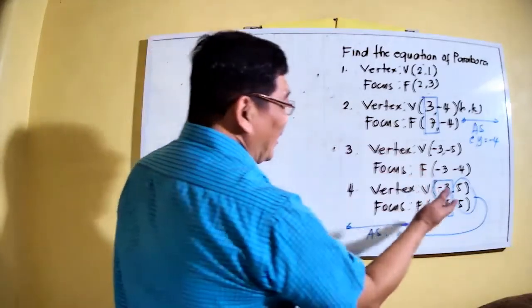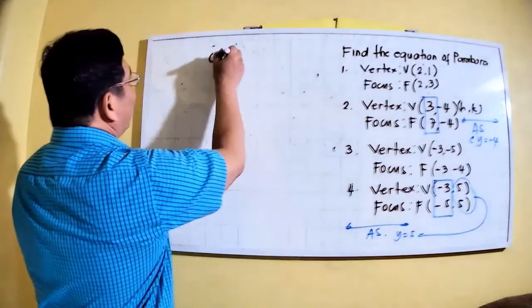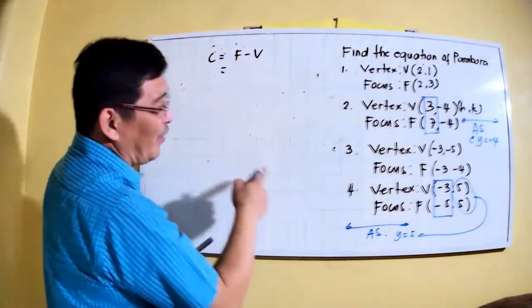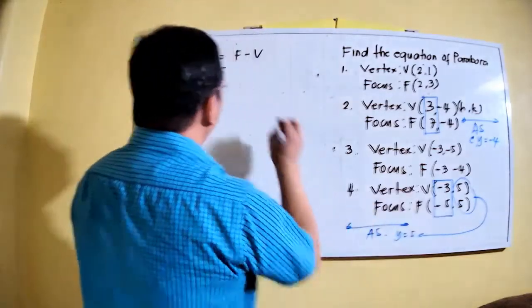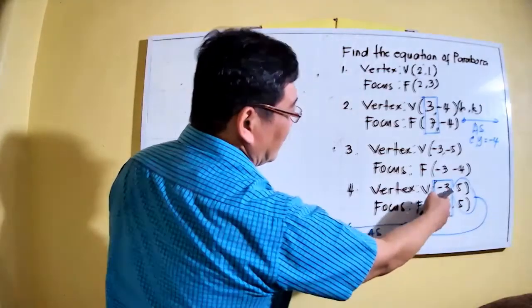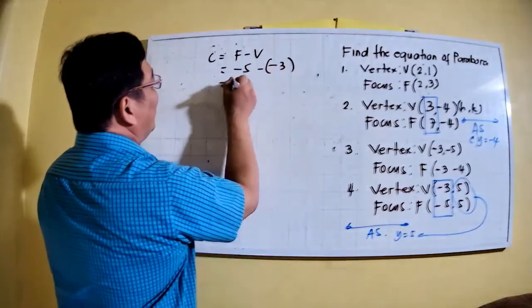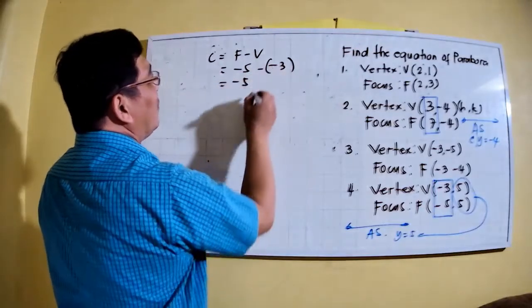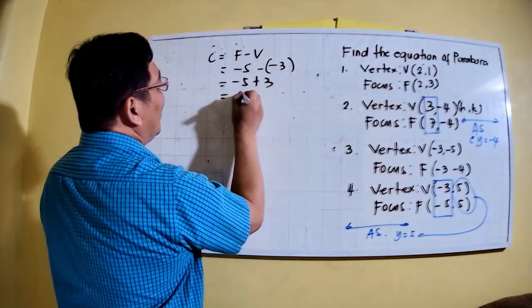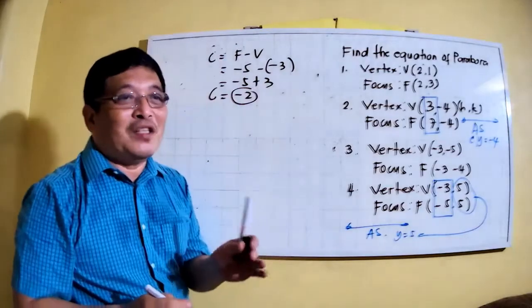So, i-minus na natin tong F saka V because C is equals to F minus V. And F here is negative 5 minus negative 3. We have here negative 5. Negative times negative is positive 3. So C is equals to negative 2. So meaning, the parabola opens to the left.